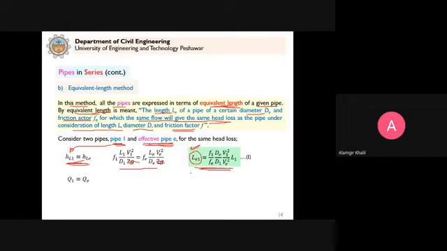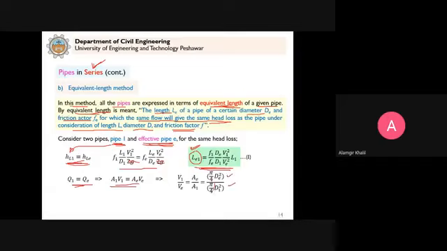So Q1 is equal to QE, because we have pipes in series. So the same discharge will occur through all the pipes. From here, the continuity equation: A1 V1 is equal to AE into VE. And then from here, you just put pi by 4 into DE square divided by pi by 4 into D1 square, the cross-sectional area.